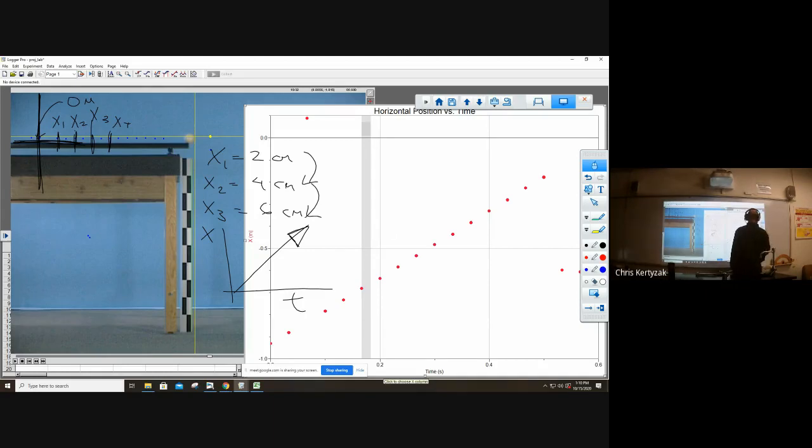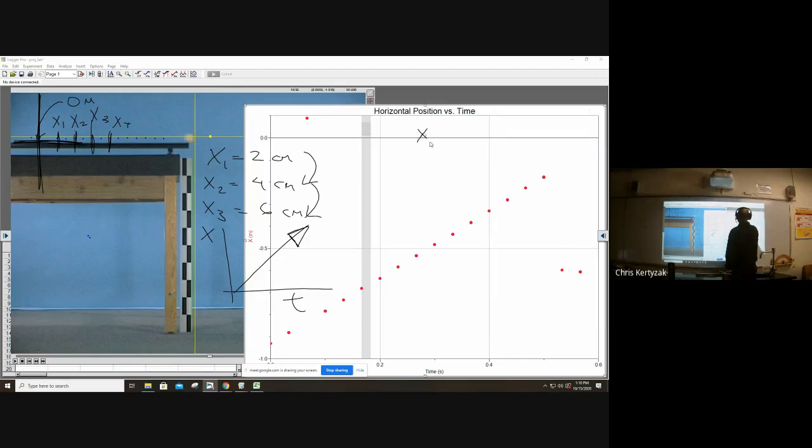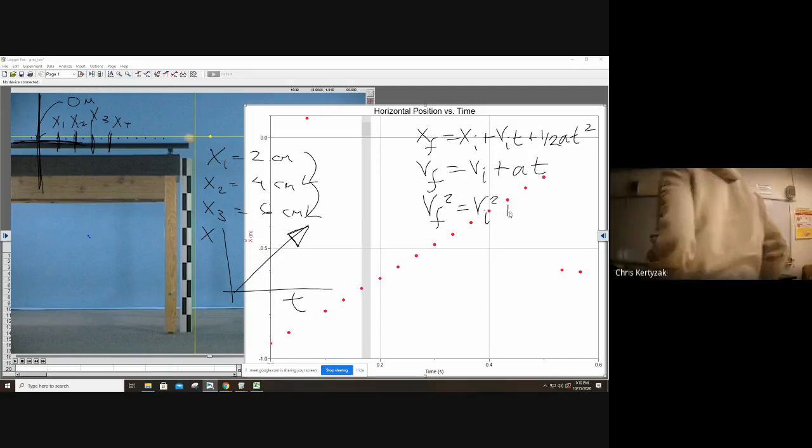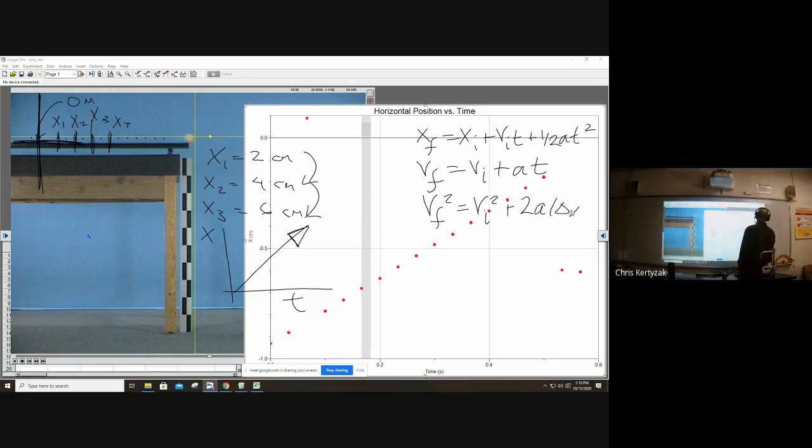Now I have to go back again. So there's this formula, what I refer to as the big three, and so do many textbooks. These are the big three.